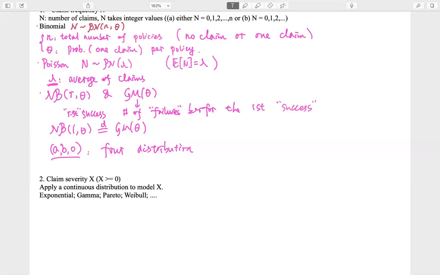Later on, what we usually see, those are somehow exponential family. Obviously exponential family includes the very special exponential distributions. It also includes more, right? So we have many choices to model the claim severity.